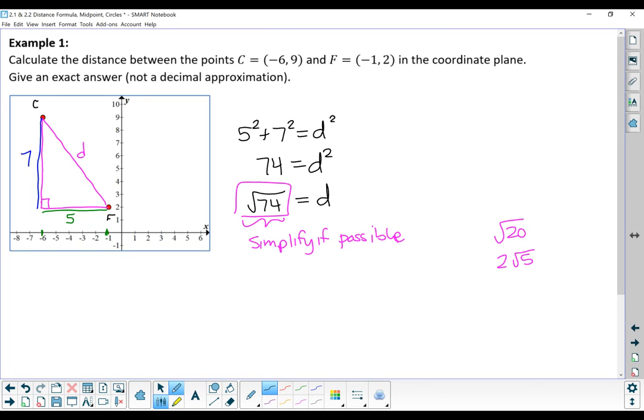You could get that exact same answer using the distance formula, and you can kind of see parallels between them. It just uses the coordinates. So we'd have x1 minus x2, and then we'd have y1 minus y2.